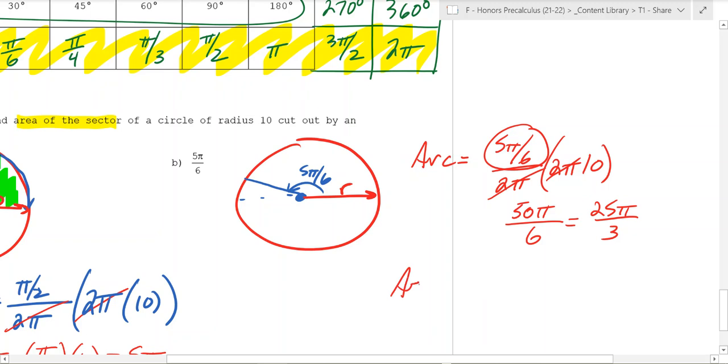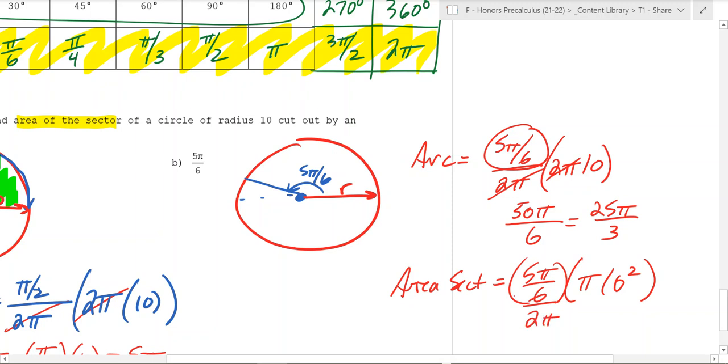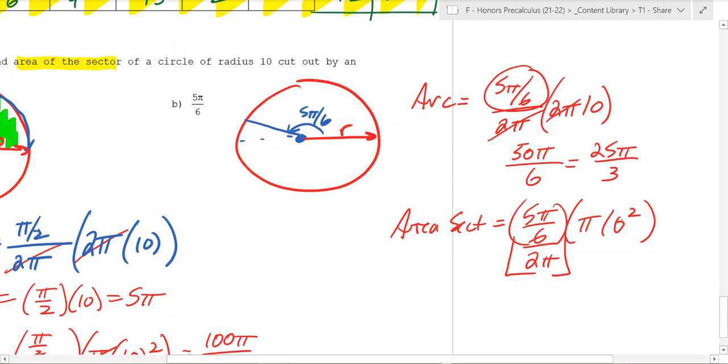And then for the area of the sector, you're going to do something very similar, and you're going to end up with 5 pi over 6 over 2 pi, because that's the part of the circle right there, times pi r squared. The r is 10 right there, so it's 10 squared. The pi's cancel.